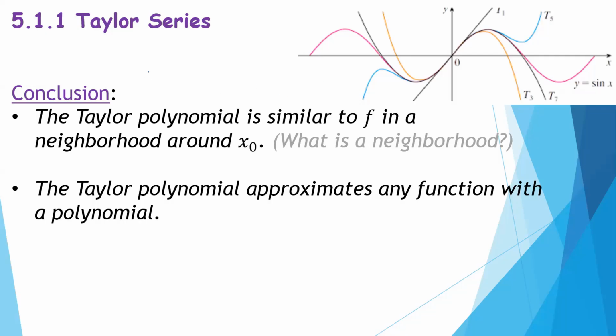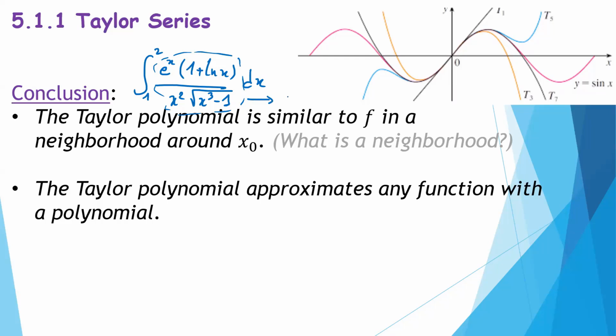As I told you, for example, instead of calculating the integral of this horrible function between 1 and 2, the idea is to determine some Taylor polynomial, approximating this function, and integrate the polynomial instead. This is the idea.